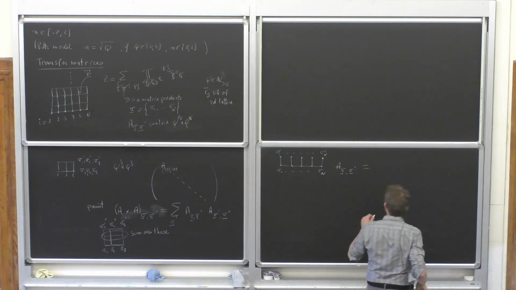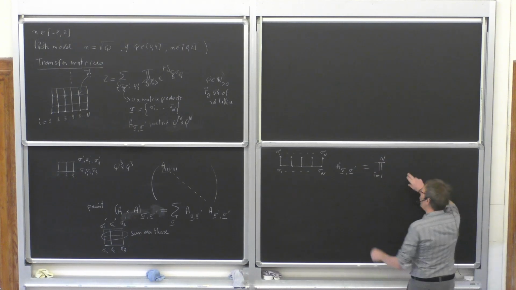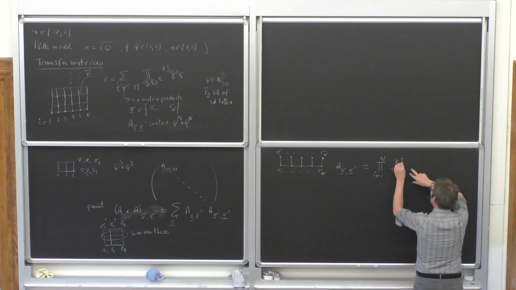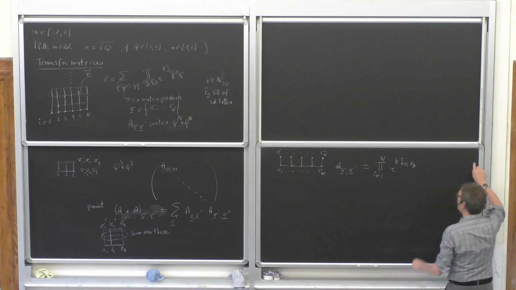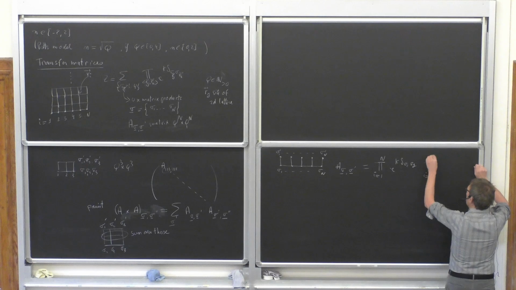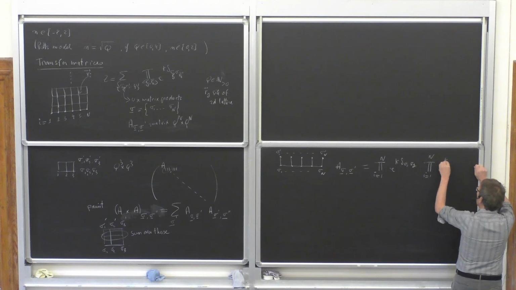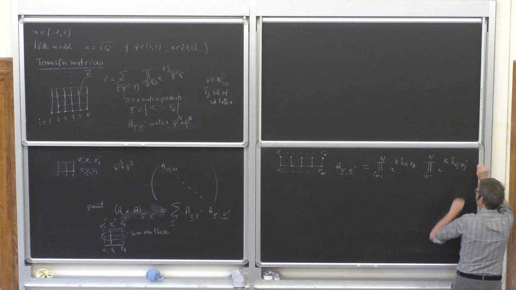So we're going to choose the product from I equals 1 to n of e to the k delta sigma I sigma j. And then we're going to take the product from I equals 1 to n of e to the k delta sigma I sigma prime I.